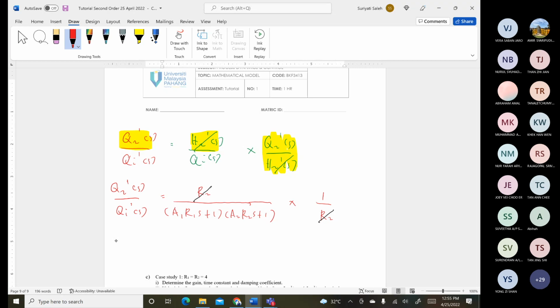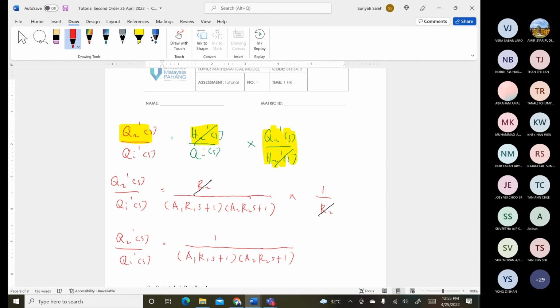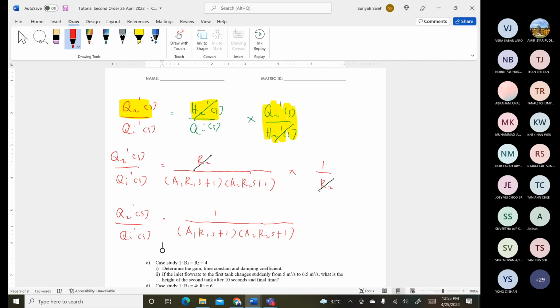Q2 over Qi equals 1 over (A1 R1 S plus 1)(A2 R2 S plus 1). So this one is still second order, but without the R2 value on the numerator. So this is the answer for question 1B.